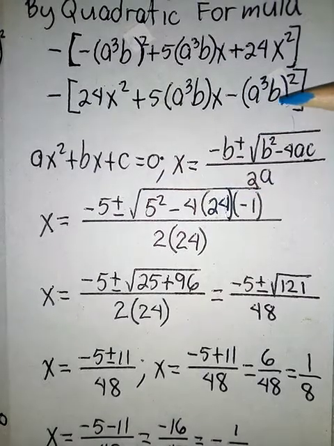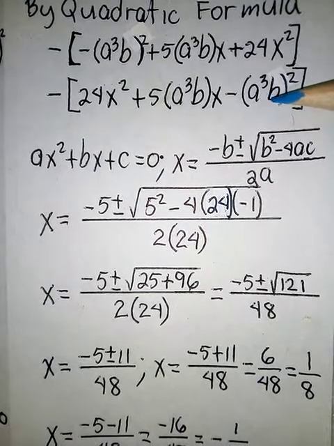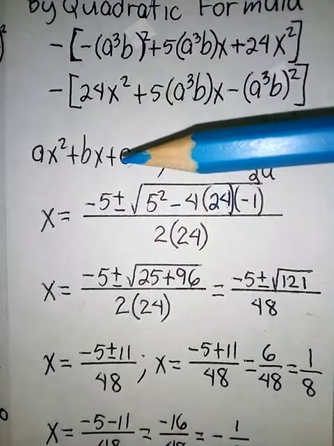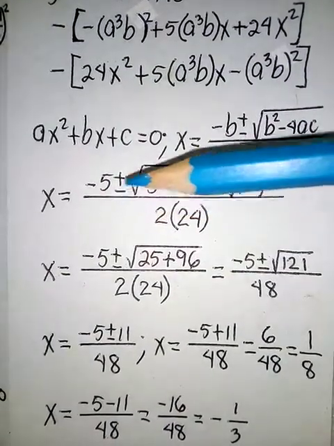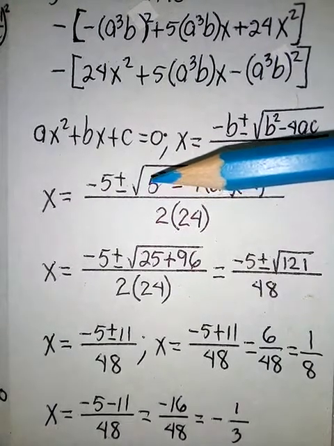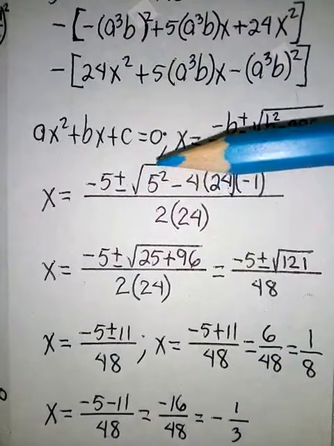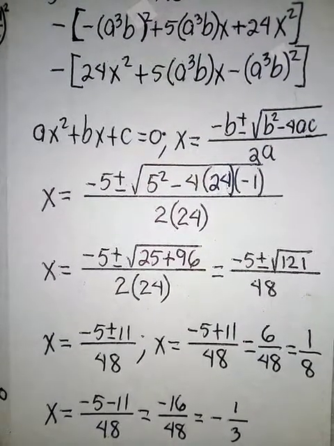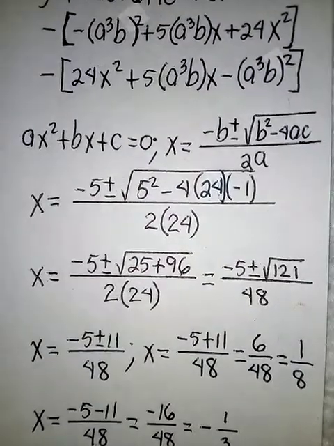So substitute all the given coefficients. So we have x is equal to negative b. Our negative b is negative 5.